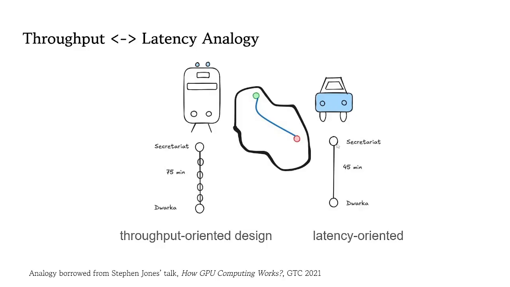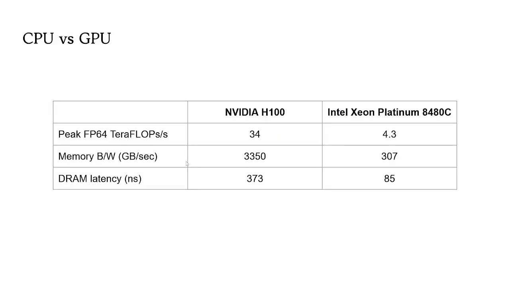So I can't oversubscribe my latency-oriented system with more threads the way I can for a throughput-oriented system. And this notion of oversubscribing with a large number of threads really is a key pillar of how GPU computing works. By means of specifications of two state-of-the-art systems, a GPU and a CPU, let's verify this notion.